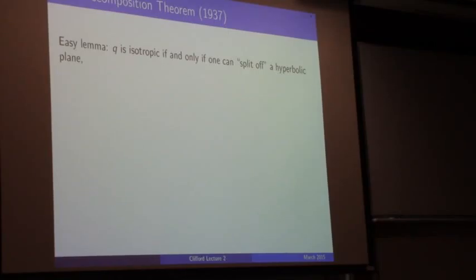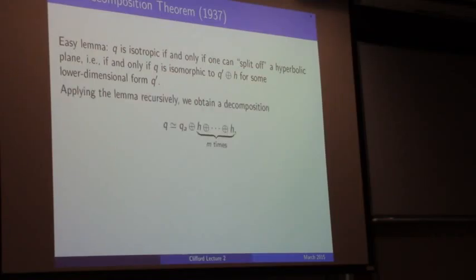So an easy lemma is that Q is isotropic if and only if one can split off a hyperbolic plane. If and only if Q is Q prime plus a two-dimensional hyperbolic form for some form Q prime of dimension 2 less than the dimension of Q. So applying this recursively, we can obtain a decomposition of Q as a direct sum of an anisotropic form plus some number of hyperbolic forms.